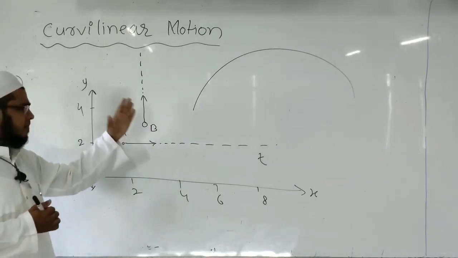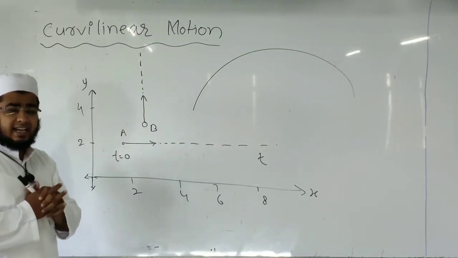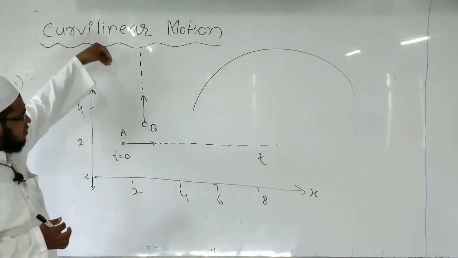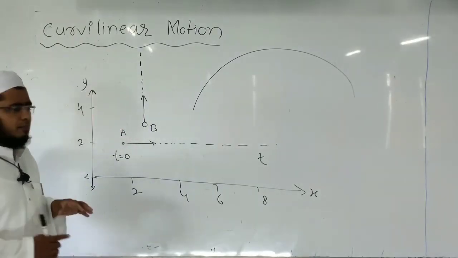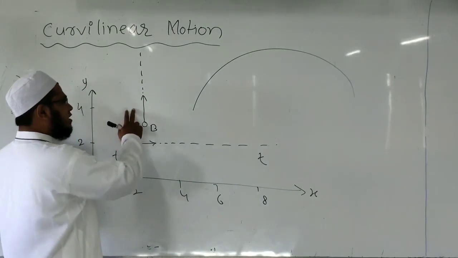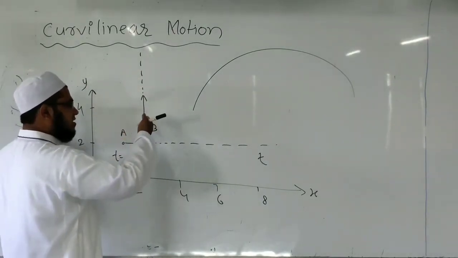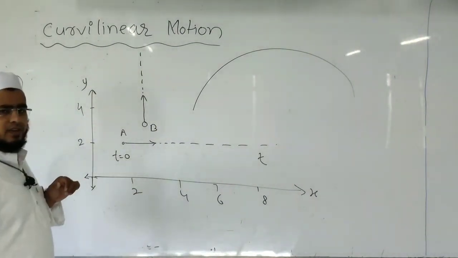In both cases, if displacement is in the y direction, already we have seen the motion under gravity. In that, we are considering only movement along the vertical direction. So acceleration becomes acceleration due to gravity. But this displacement is always in the vertical direction. The velocity is also in the vertical direction.